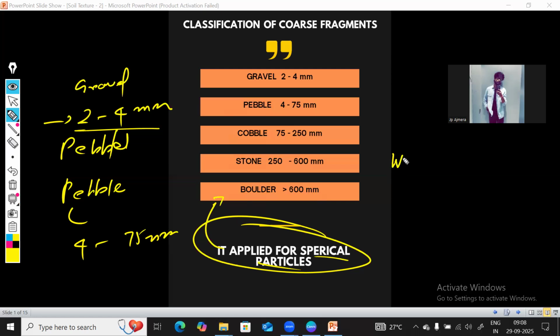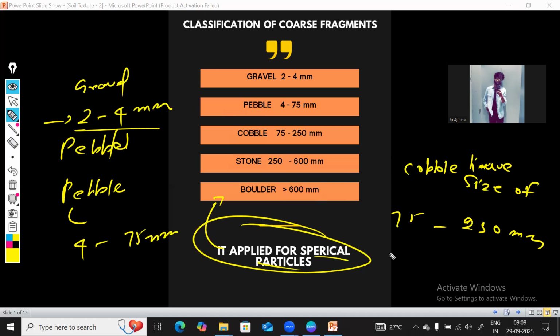And what is the size of cobble? Cobble has a size of 75 to 250 mm.